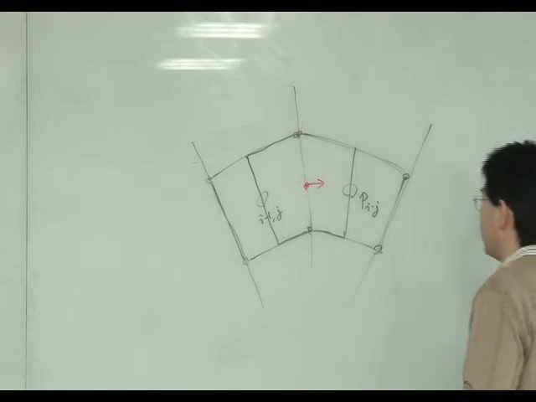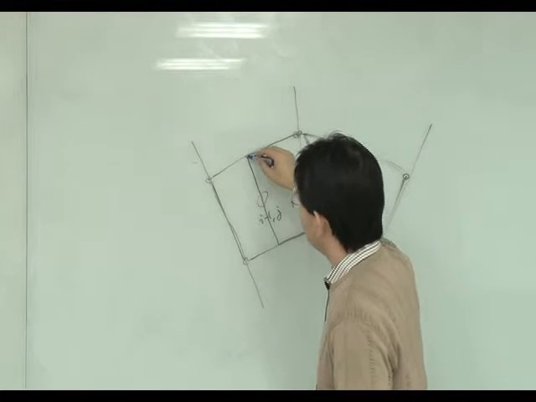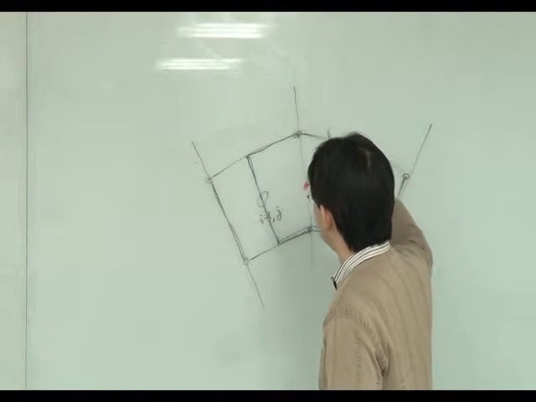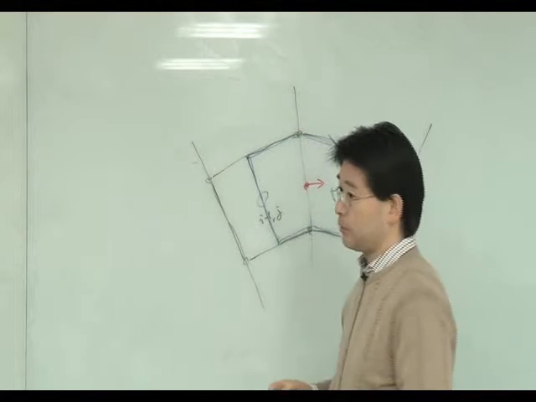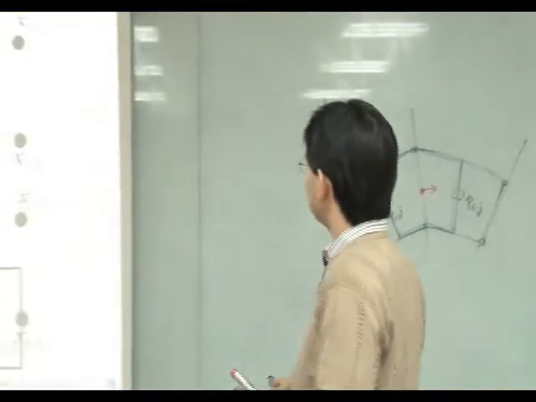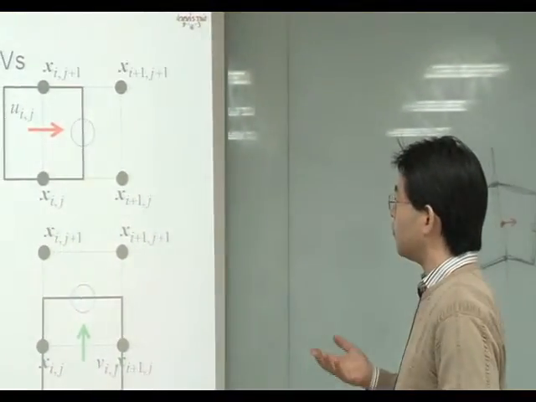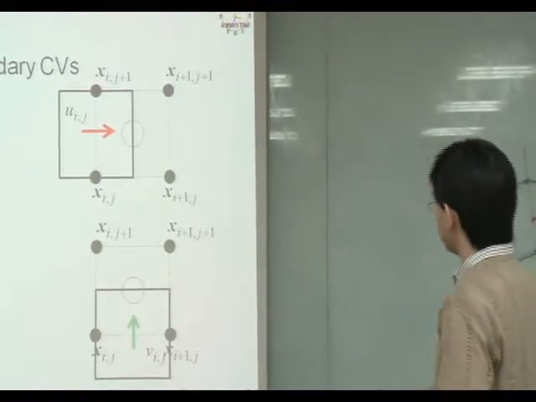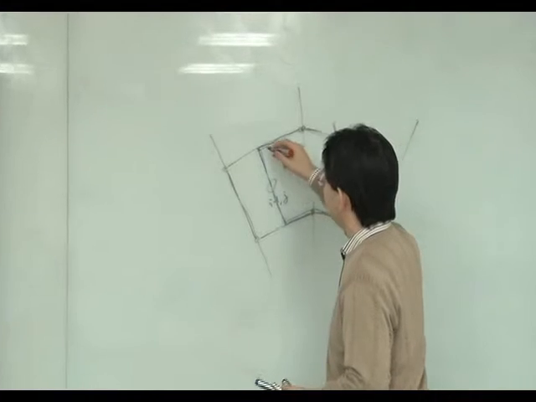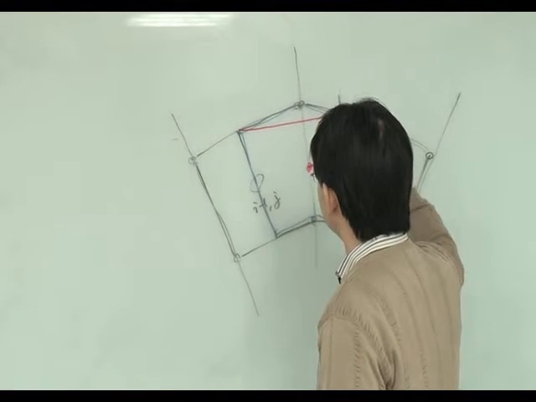So in the general case, this secondary control volume is not in a regular shape. However, for the simplicity of the simulation, usually we consider this shape as this one.